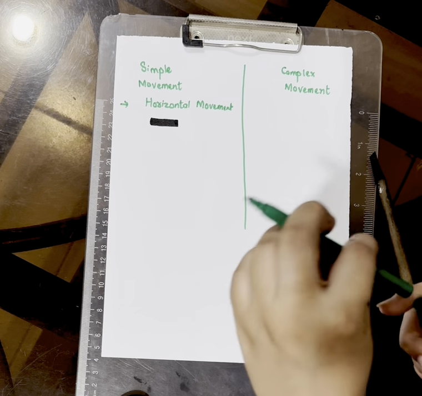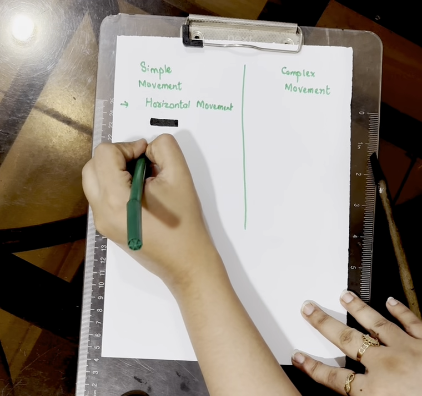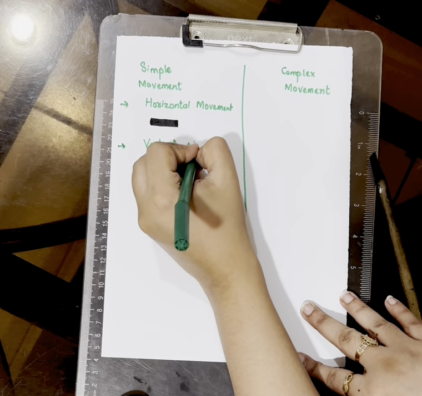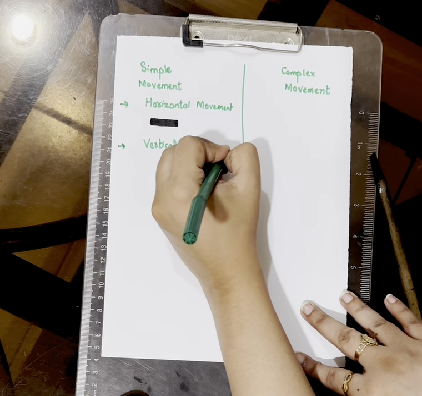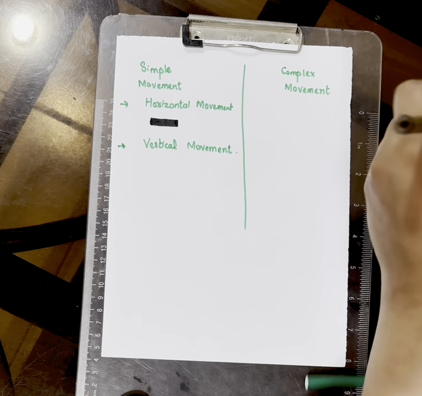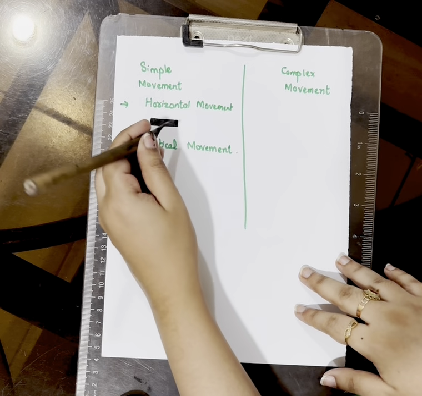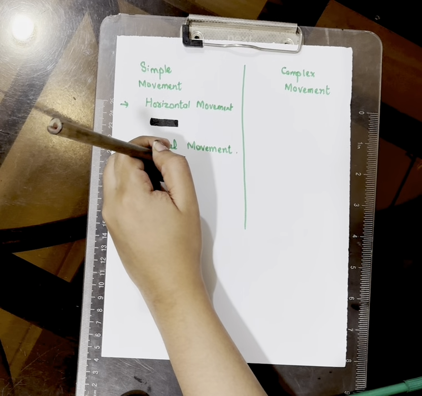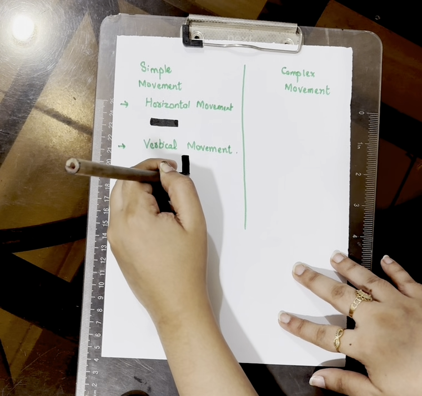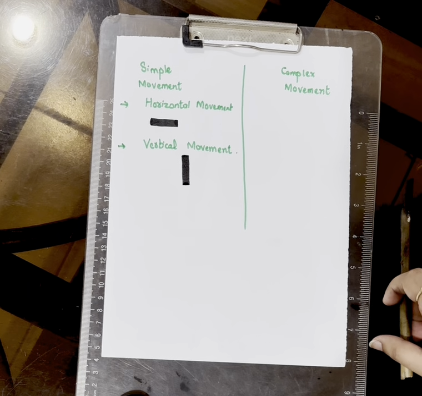The next type of the simple movement is vertical movement. Place your kalam in a vertical way at 90 and move your kalam at 90. This is the vertical movement.